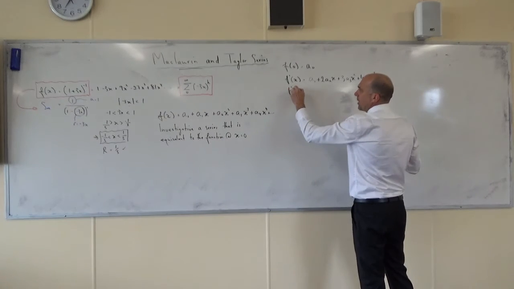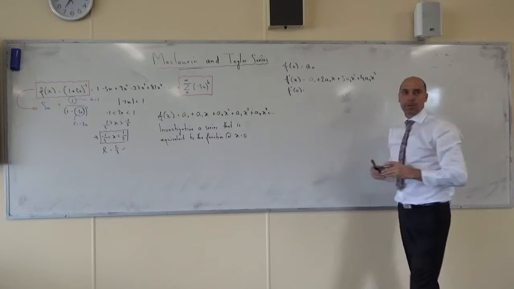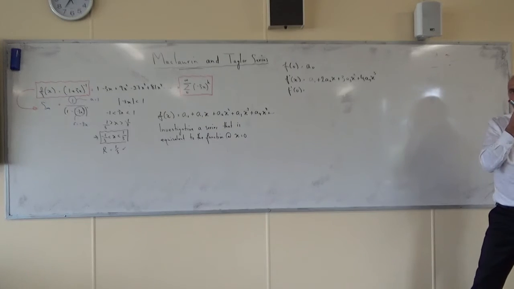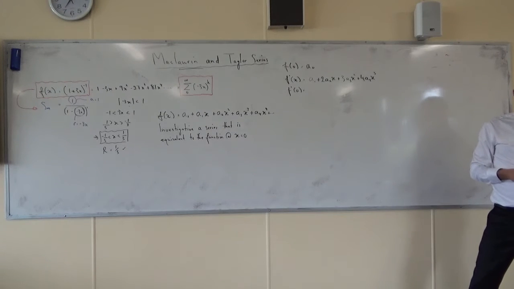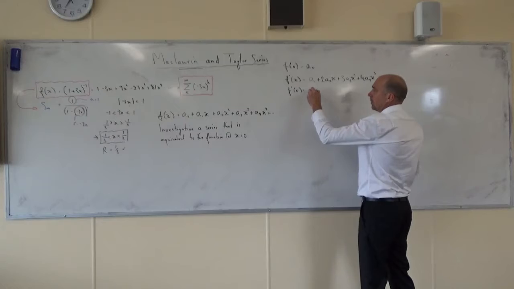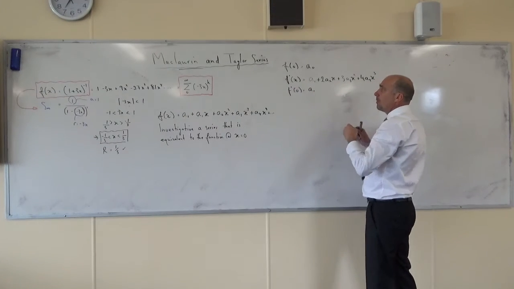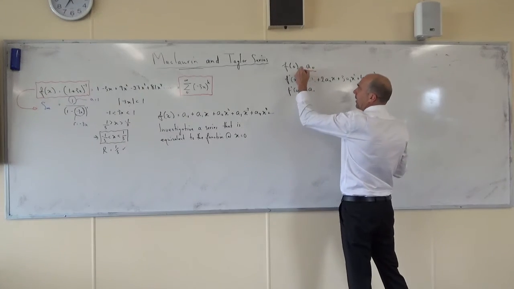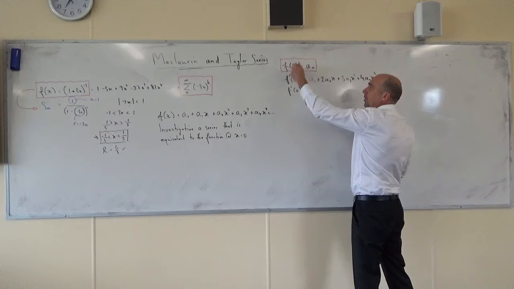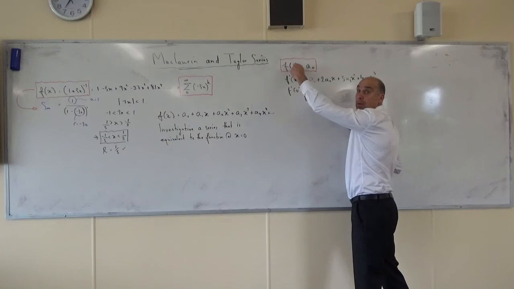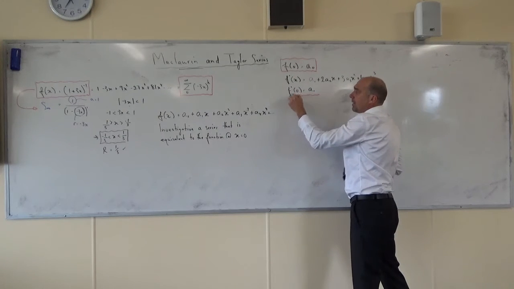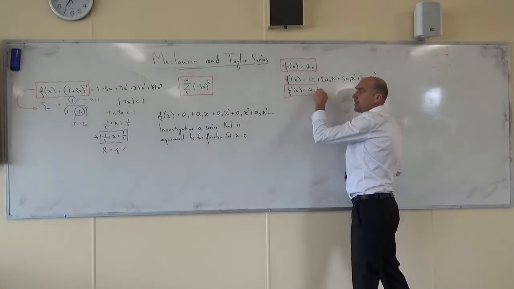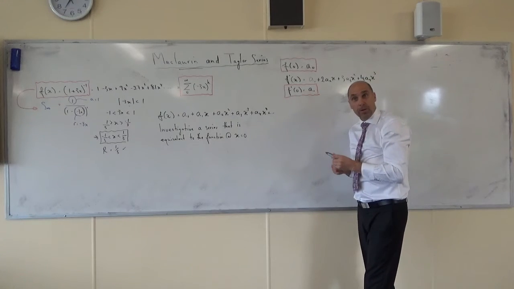What's f dash 0 equal to? a1. Very good. So, very importantly, I found that a0 equals f of 0, and a1 is equal to f dash 0.